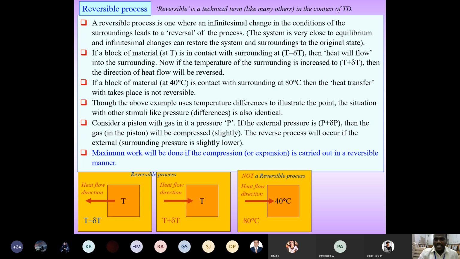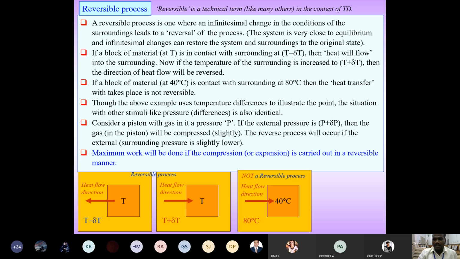What will happen if we add heat to the surroundings? The temperature of the surroundings becomes more and the system's is less, so heat tries to flow from the surroundings to the system. This is called a reversible process. If the process happens reversibly, we can say it is a reversible process.